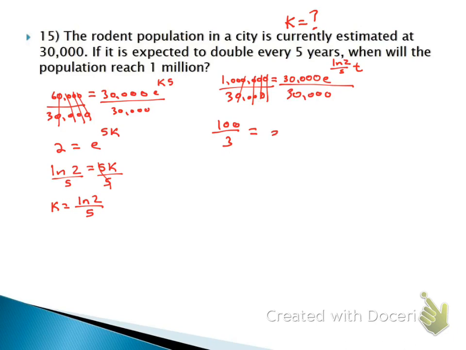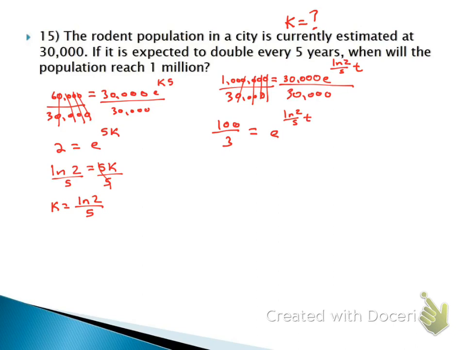Equals e raised to the natural log of 2 over 5 raised to the t power. Now, be careful here. You got to rewrite it, and then it'll make sense. Can't solve it in exponential, so rewrite it in log.